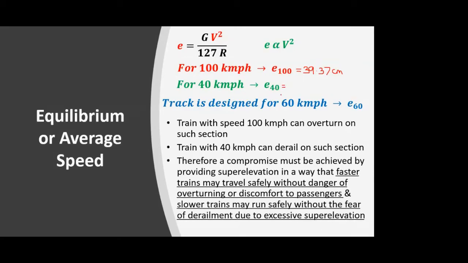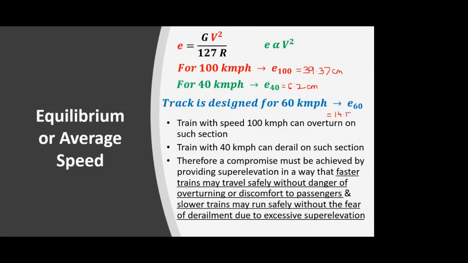We'll not round it up. E40 will be 0.062 meter, which comes out to be 6.2 centimeter. And for 60 kmph, this E60 will be 0.1417 meter.